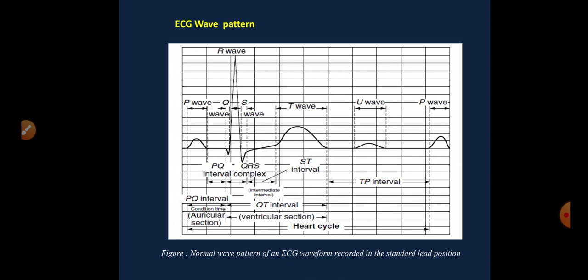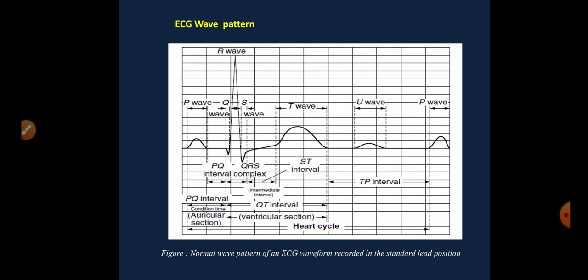The T wave represents repolarization of both ventricles. The QT interval is the period for one complete ventricular contraction. Ventricular diastole starts from the end of the T wave and extends to the beginning of the next Q wave.